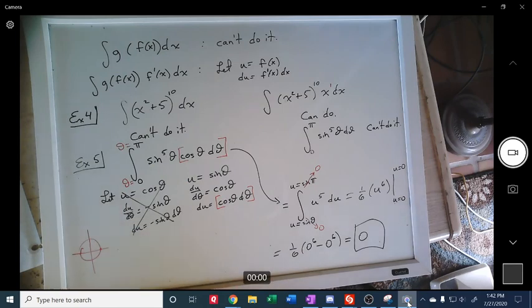But it just goes quicker if we just change these limit points here to here. All right. Questions?